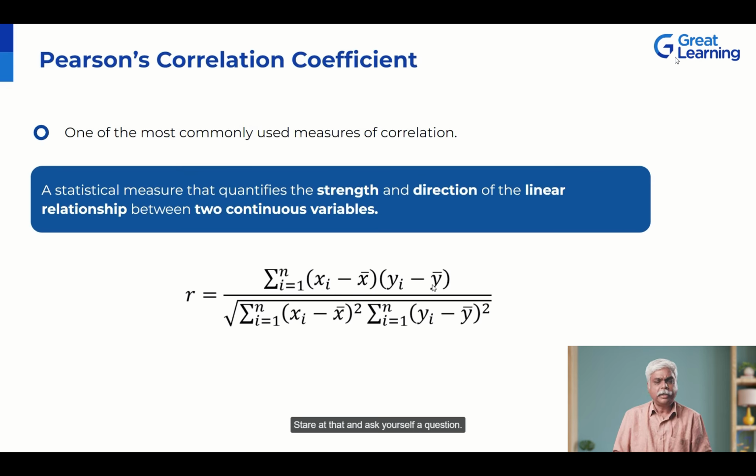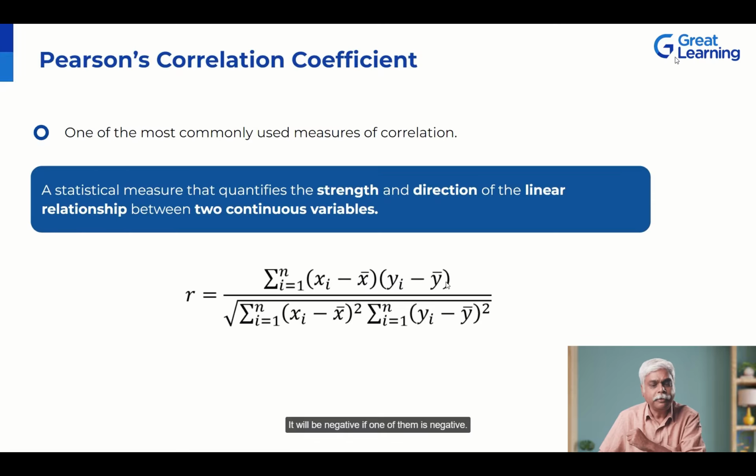Stare at that and ask yourself a question, since we're talking about positive and negative correlations. When is this product positive and when is it negative? It's going to be positive when xi minus x bar is greater than 0 and yi minus y bar is greater than 0, or I have above average advertising and above average sales.